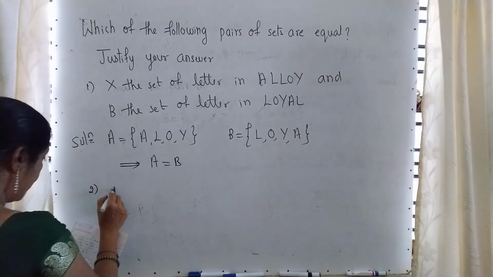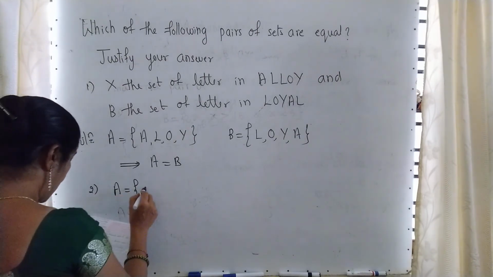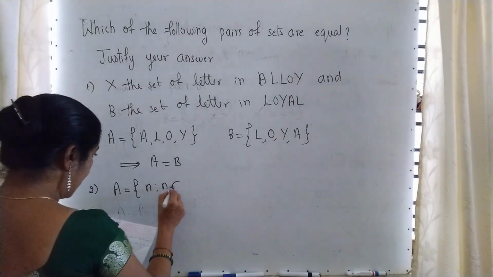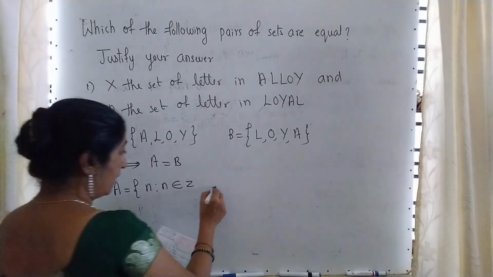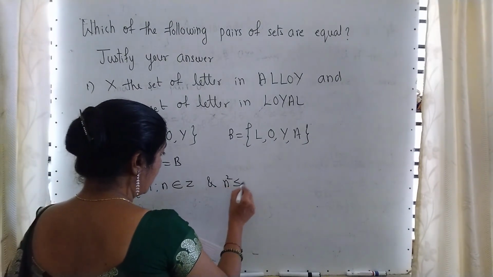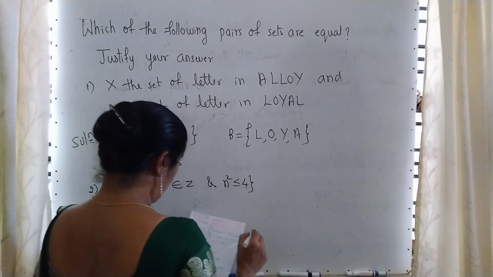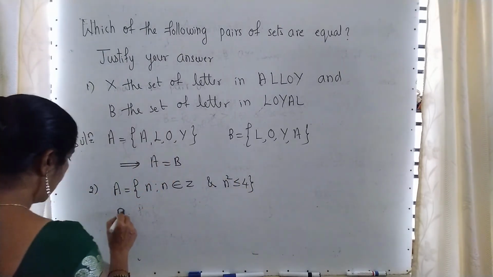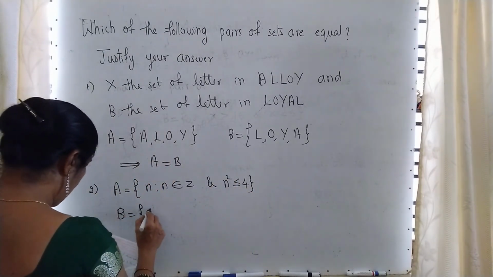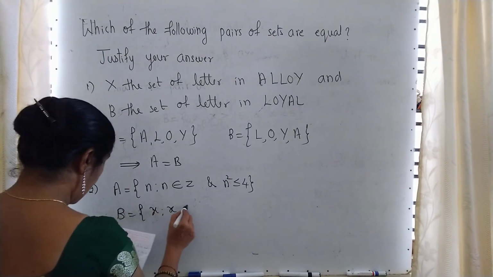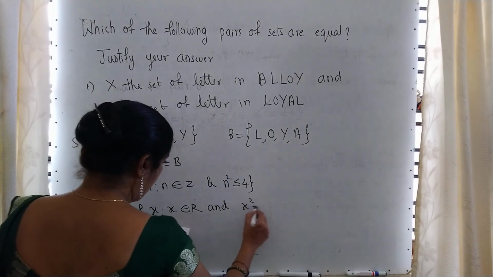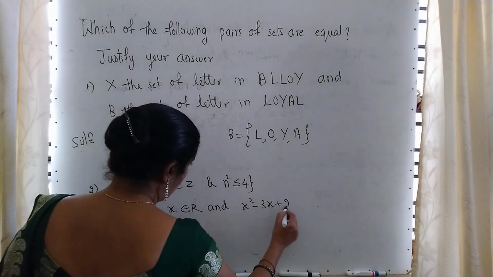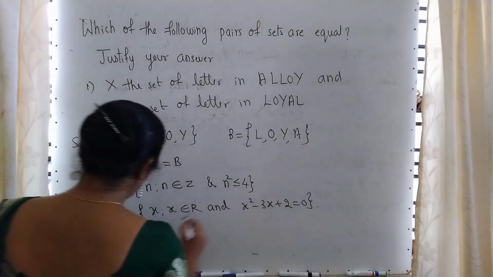Second example. A is {n such that n belongs to Z and n square is less than or equal to 4}, where Z means the set of integers. B is {x such that x belongs to R and x square minus 3x plus 2 is equal to 0}.